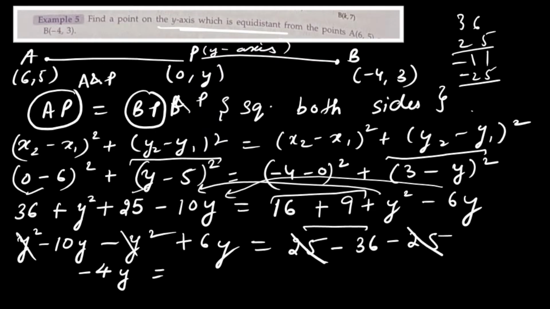This 25 and minus 25 directly you can cancel. So minus 36 you can write. From here you will get y is equal to minus 36 by minus 4, which is equal to plus 9. Directly also you can do, because 25 minus 25 is 0, so minus 36 you can write. Okay. So y is equal to 9 is the correct answer.